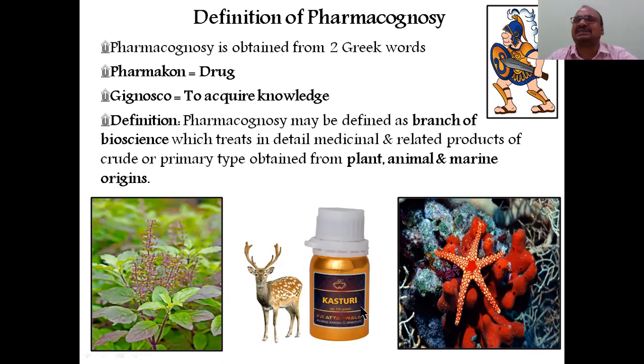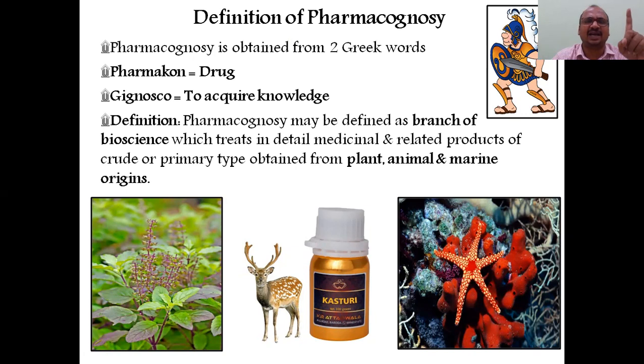It is an excreted product of the deer, but it has a very good smell. And the sea, marine, is a source of a number of small plants inside the sea, jellyfish, and a number of marine animals. Most of the marine animals are not yet disclosed; they consist of medicinal properties.